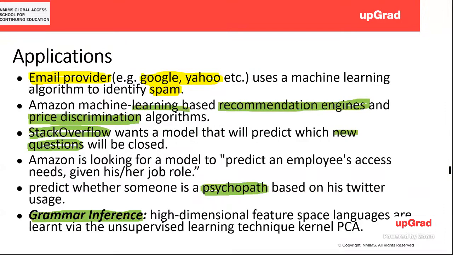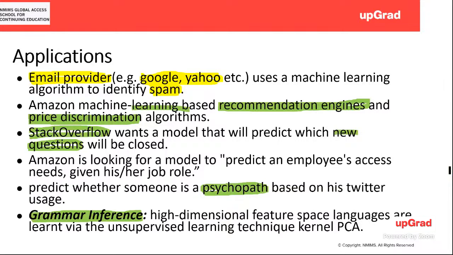Apart from this, some simple examples: whether a loan is going to be safe or risky, whether a person is going to be diabetic or not, whether you are going to suffer from cancer or not, whether you are going to purchase my product or not, whether your claim is going to be approved or not, whether your IRCTC ticket is going to be confirmed or not, right?